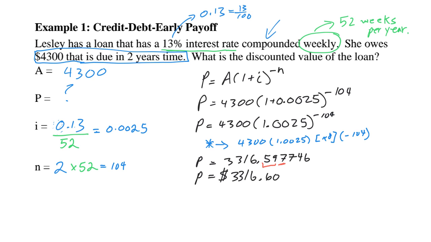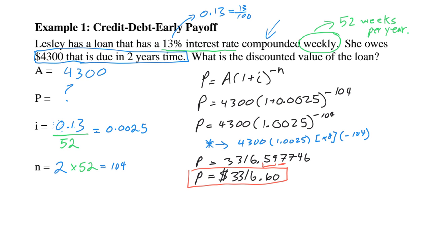Okay? And we answer the following question at the end. Remember, it asks us, what is the discounted value of the loan? So let's answer that in our response at the end. So now this is my final answer. If you're ever doing something really quick on a test, just put a box around it.